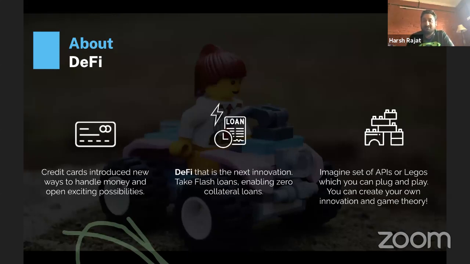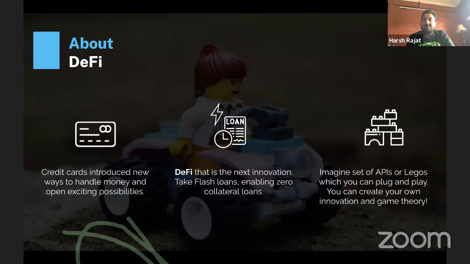Let's talk about the flash loan concept, which is based on DeFi. And that is something which credit cards or paper money cannot provide. Basically, a flash loan means that you can take a zero collateral loan. So in essence, you can borrow hundreds of thousands of dollars from any lender without putting anything up for collateral.